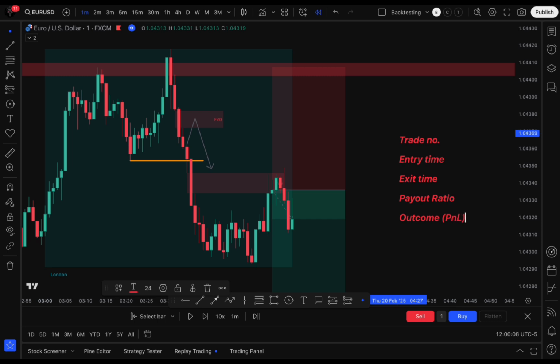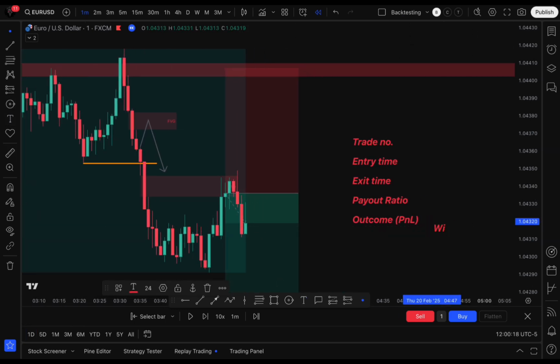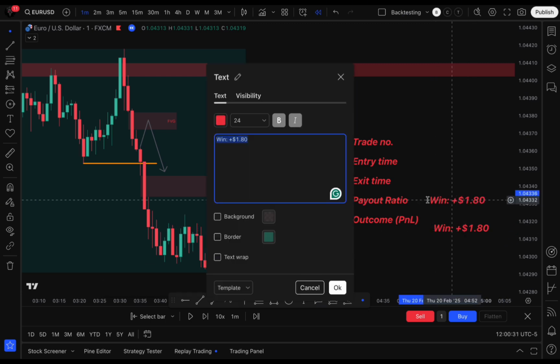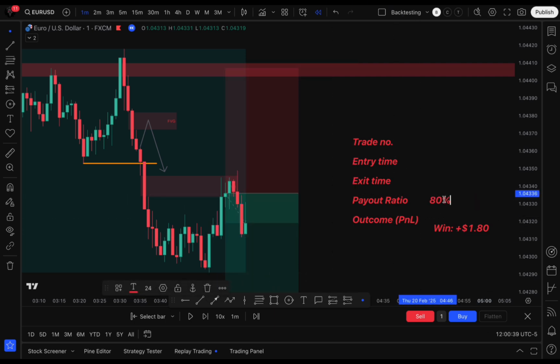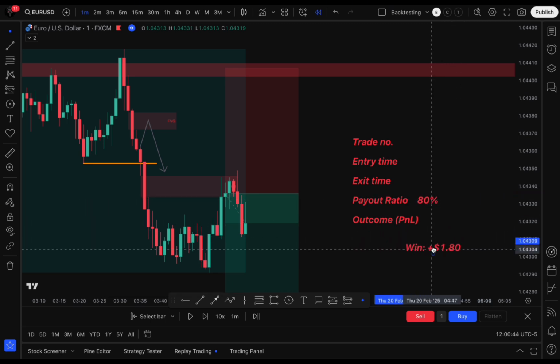Okay, so for example, if I win, let me do another text here. The outcome is binary, of course. A win, for example, will be 1.80 if we assume that the payout ratio is 80%. Okay, if the payout ratio is 80%, we have two outcomes.